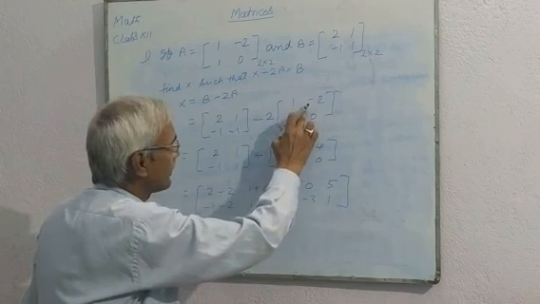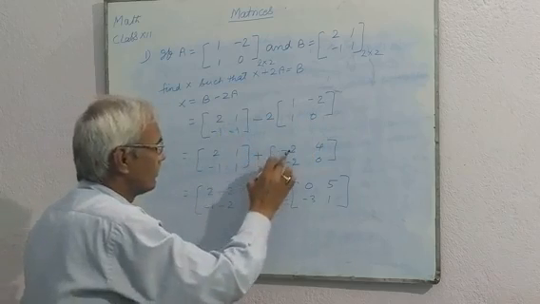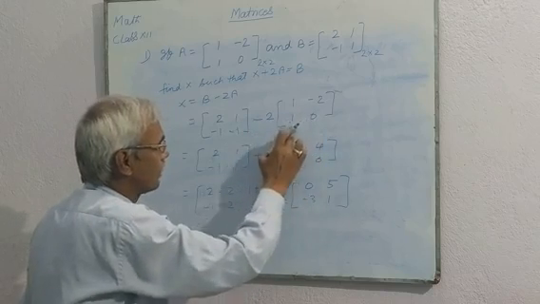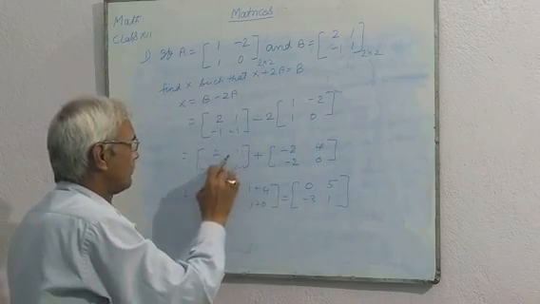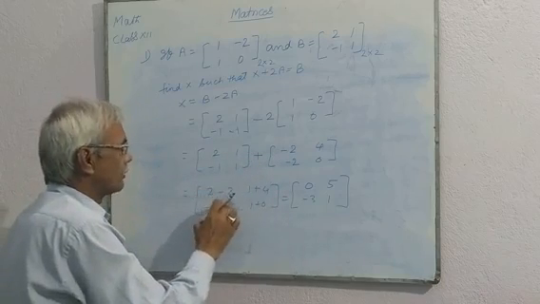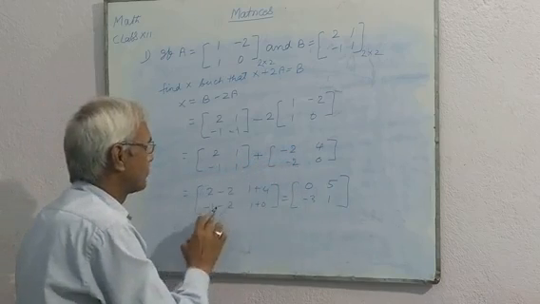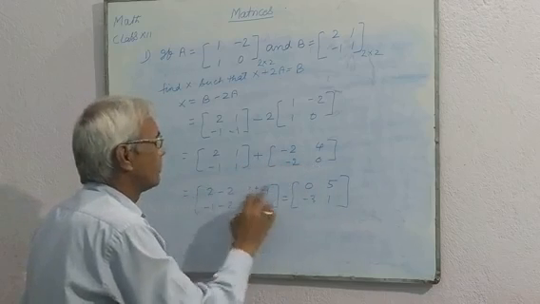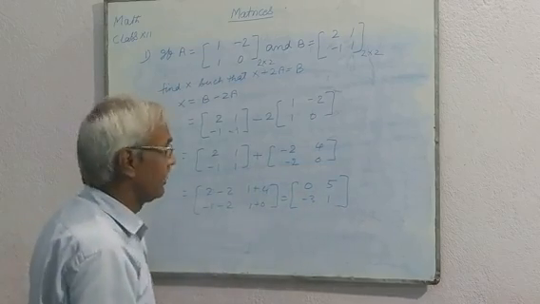Minus 2 is multiplied into each element of matrix A, which becomes -2, 4, -2, 0. Adding these two matrices, we get 2 minus 2, 1 plus 4, -1 plus -2, 1 plus 0, which equals 0, 5, -3, 1.